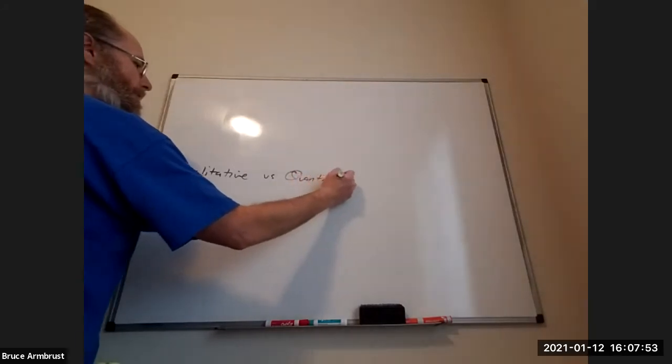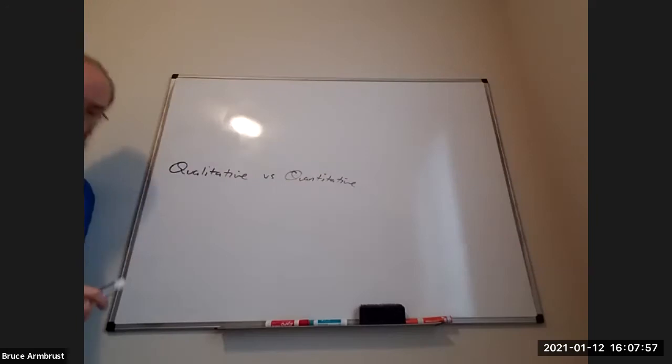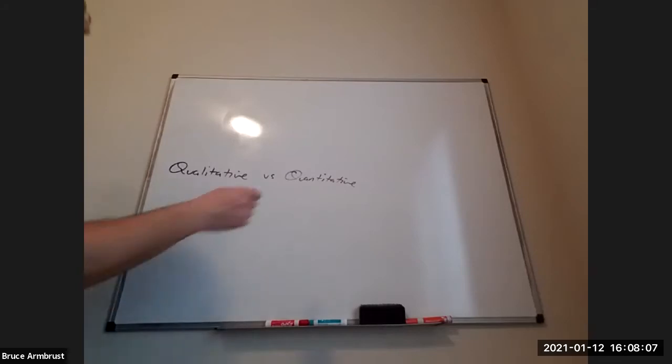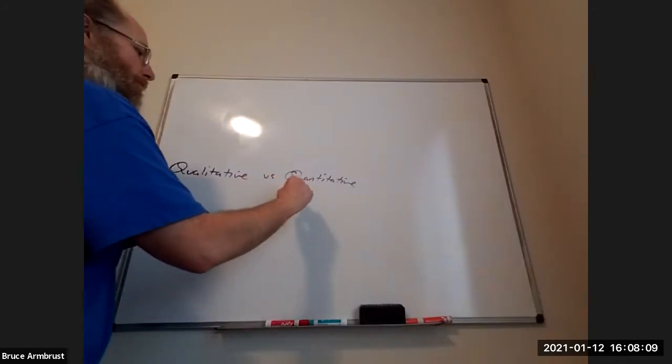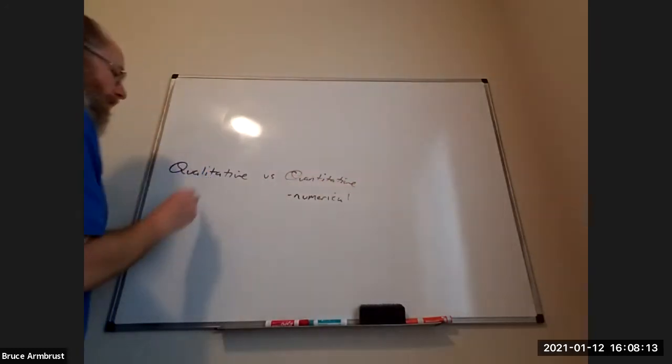So what was the difference between those two? What's the difference between qualitative and quantitative? Numerical and non-numerical. Good. So the quantitative, this was the one that was numerical. So we get numbers for it.